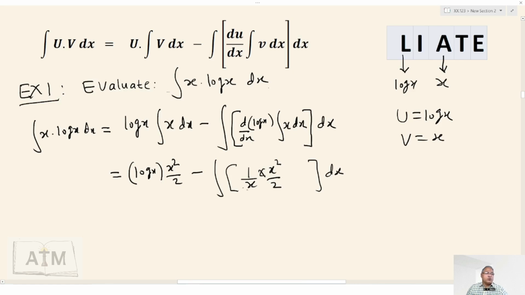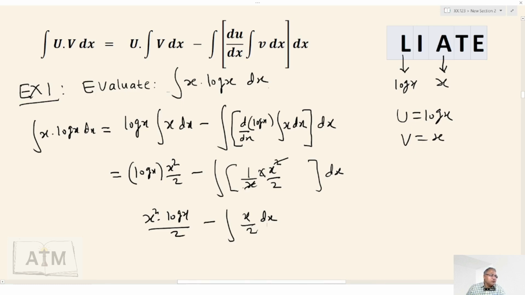Now if any simplification is possible, do it. Here x square upon x is cut down, so we get x square dot log x upon 2 minus integration of x by 2 with respect to x.